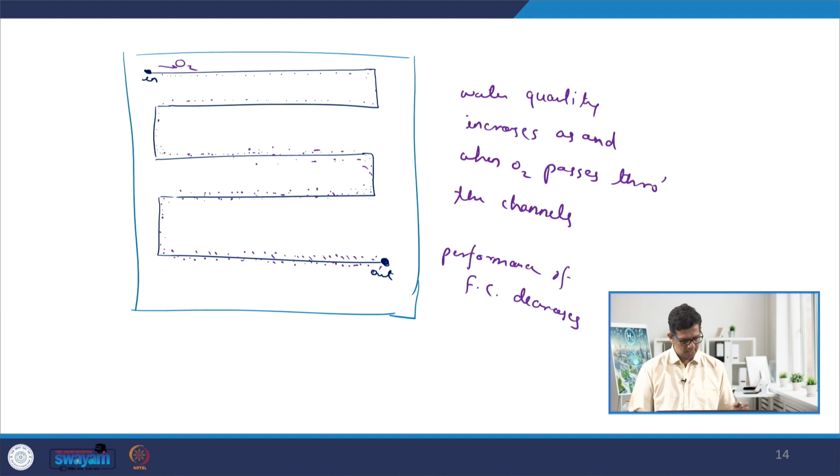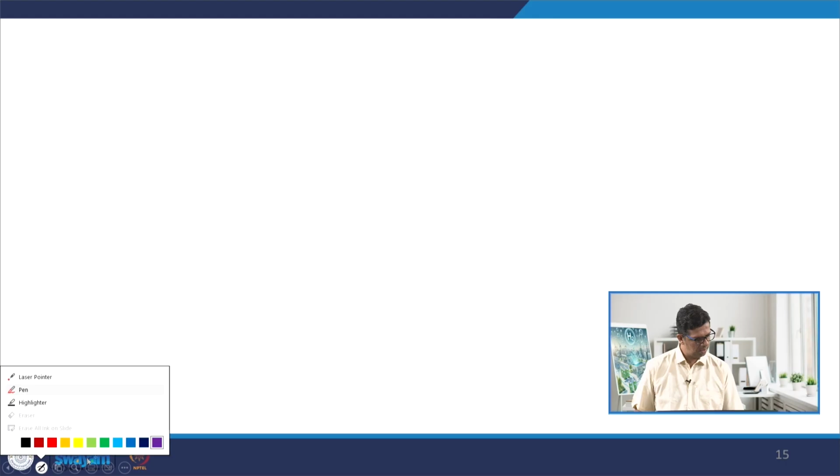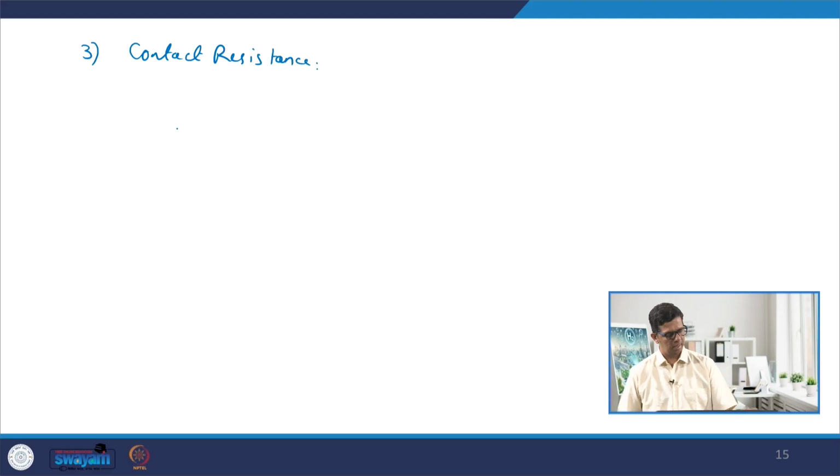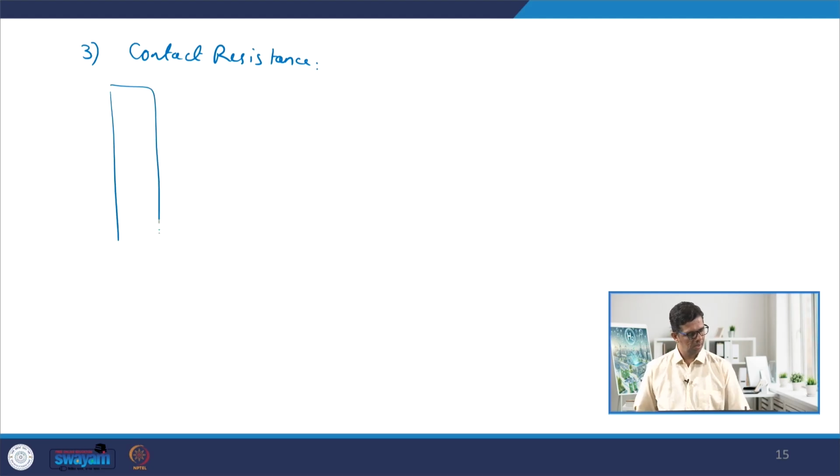And the last issue that we have already discussed is the contact resistance. We have already touched upon this, discussed in detail. Let me quickly go through it one more time. What happens is, as the size of the cell is increased, let me only show one side.